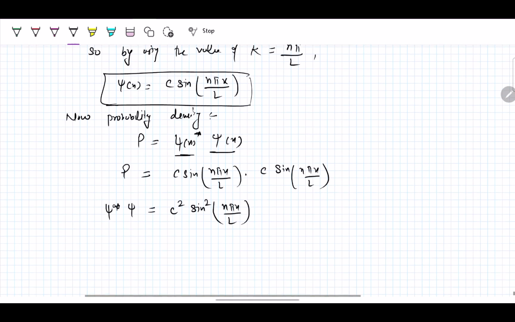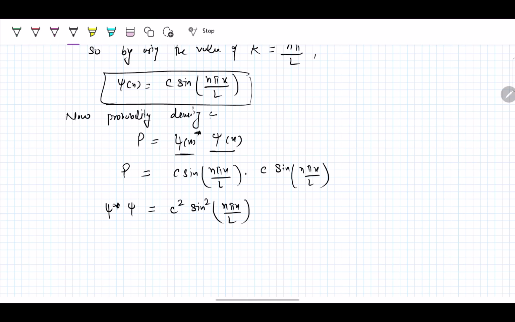All right. Now, the probability of finding the particle in this region, that is x equal to 0 to x equal to L, is 1. So within this region, the probability of finding the particle is 1, right?